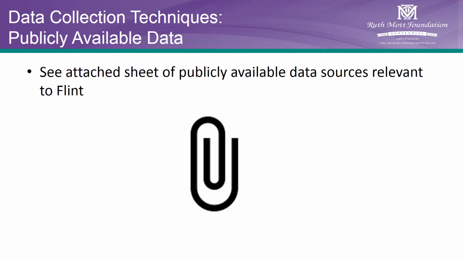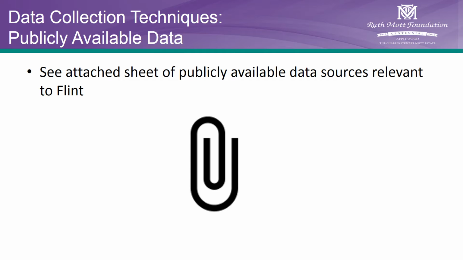So in North Flint, we have about 26 census tracts that are represented, and we at the Ruth Mott Foundation are using 48504, 48505, and 48506 as our zip codes.